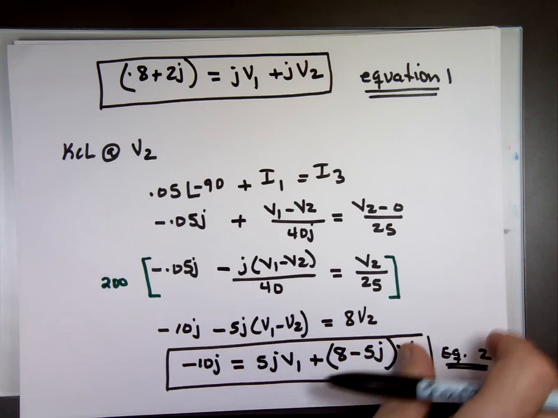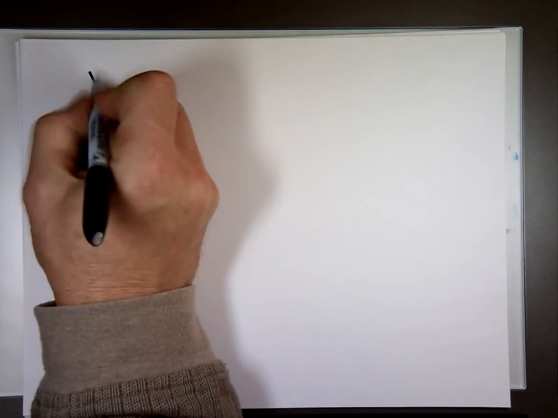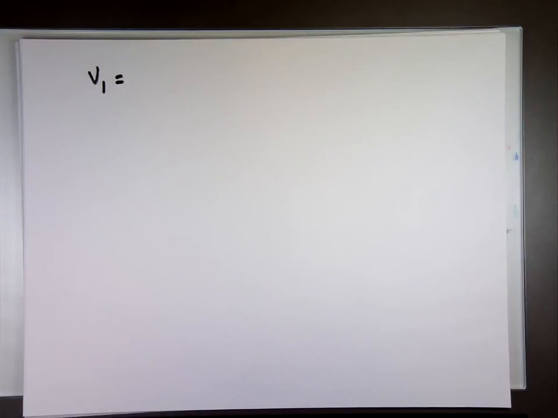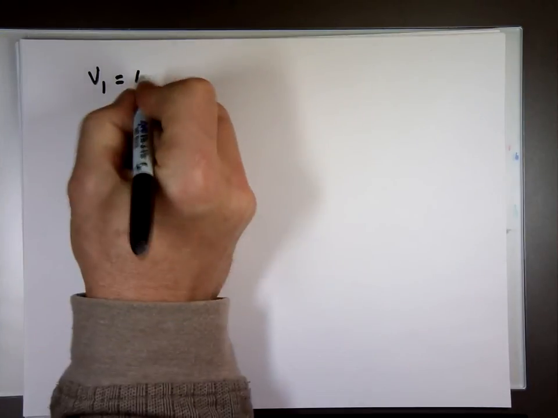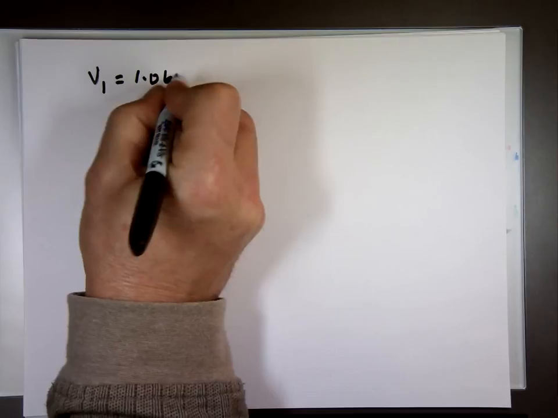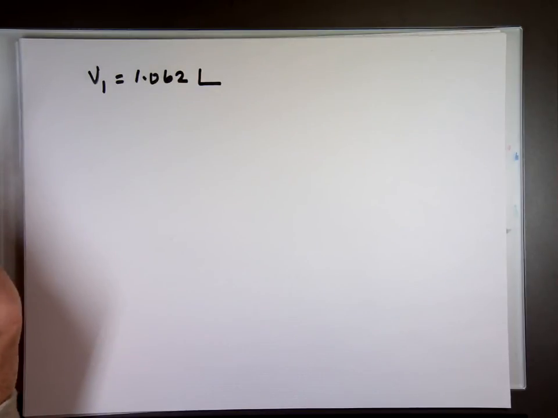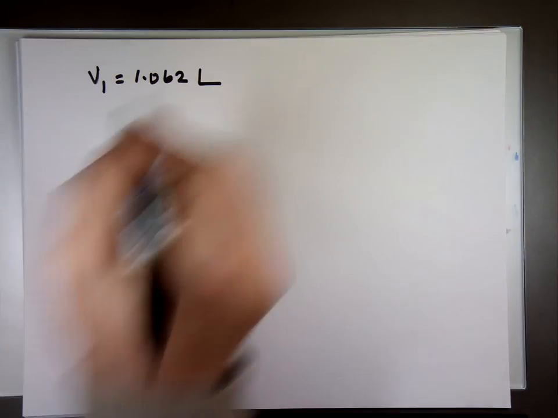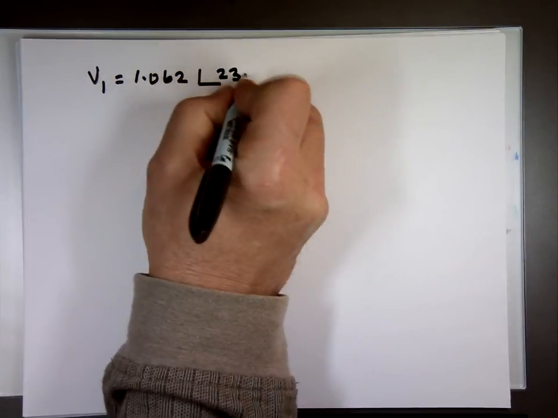So V1 has a complex value of roughly 1.062, angle 23.3. V2 is 1.593, angle negative 50 roughly.